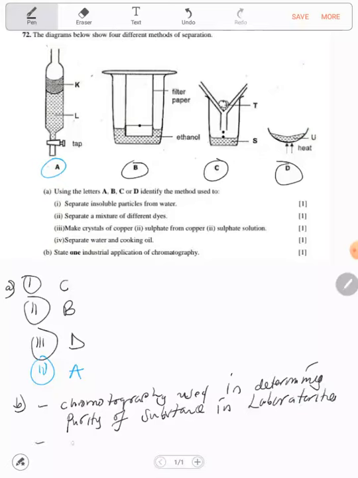It's also used to detect drug abuse in sports. It has a lot of applications actually.